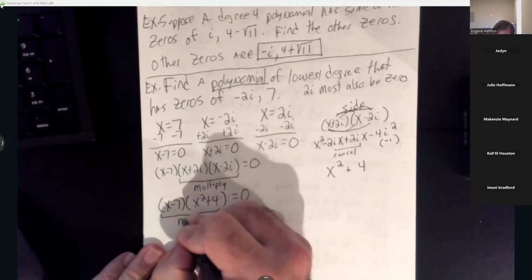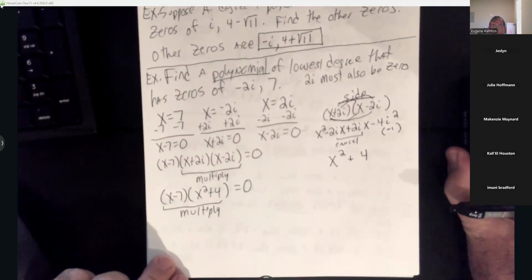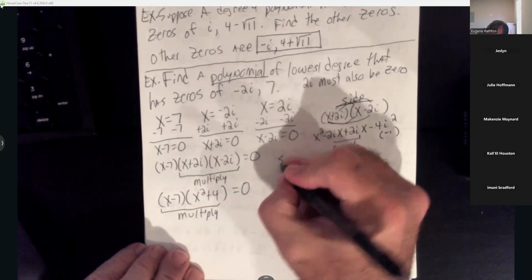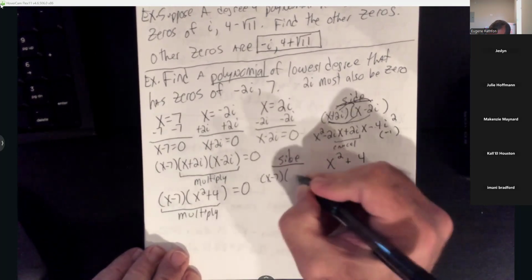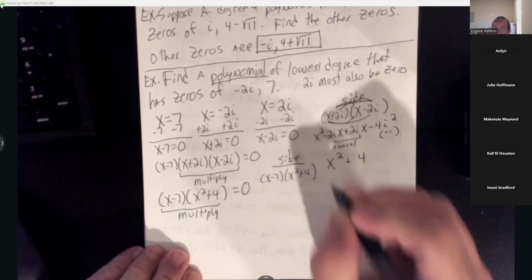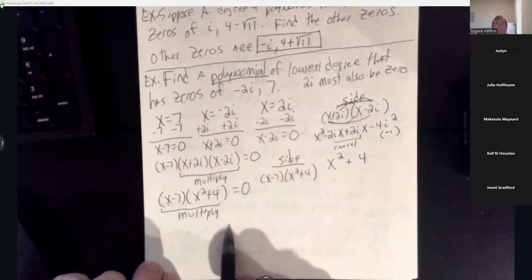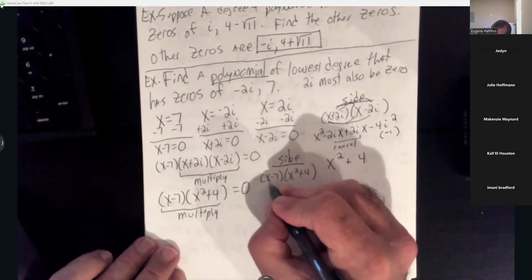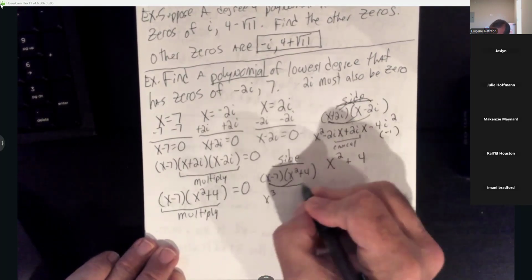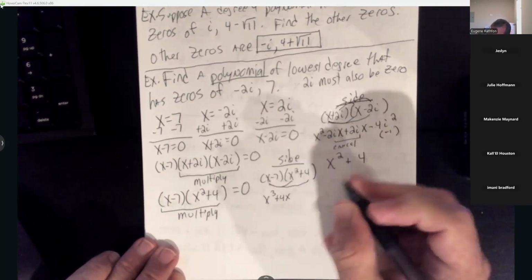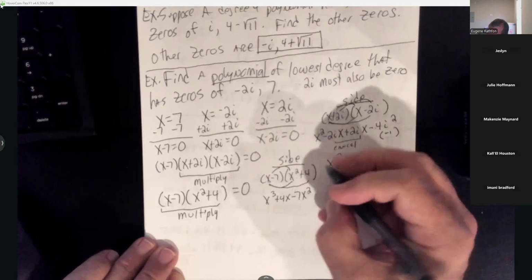So now we're going to multiply this. I'm going to do that on the side here. I'm going to do my x minus 7 times x squared plus 4. Once we FOIL this, we will be done. So x times x squared is x cubed. x times 4 is 4x. Then you got negative 7 times x squared is a negative 7x squared.